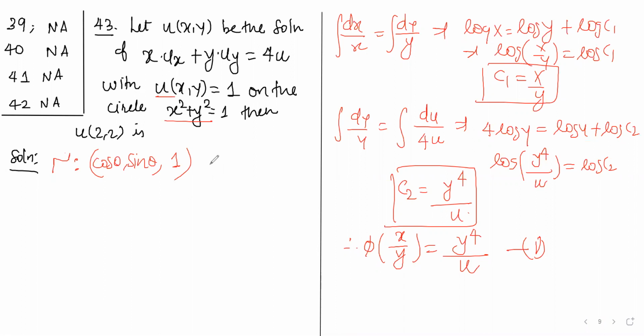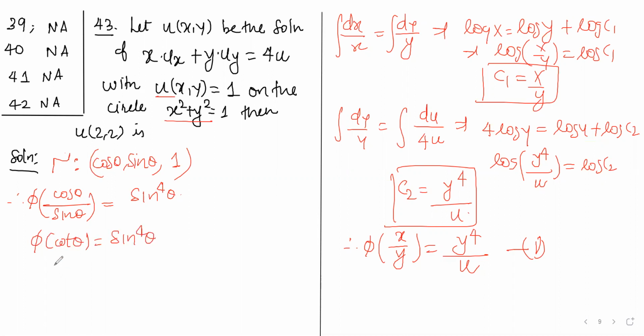So now substitute here and see what phi gets changed to. Therefore phi of x by y is cos theta upon sin theta. This will give me y power 4, that is sine to the power 4 theta, upon u which is 1. So this is phi of cot theta, that gives me sine to the power 4 theta.